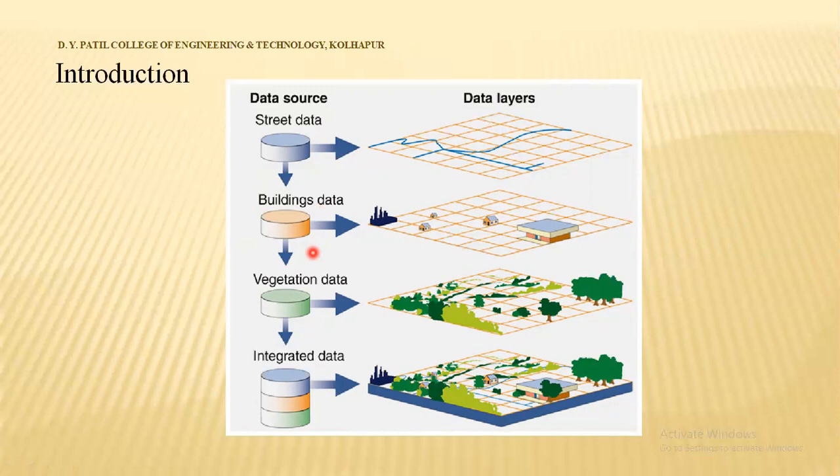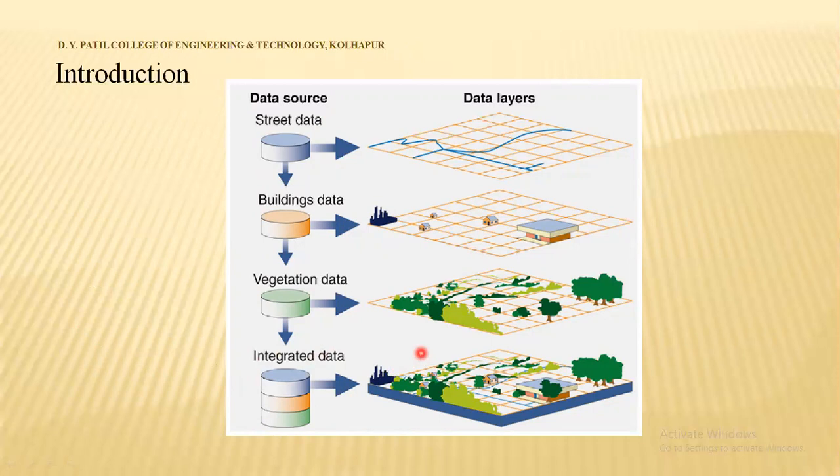These layers may include landforms, soil types, vegetation cover, geomorphic features, groundwater, etc. You can see in the image, the first layer is street data, the second is building data, the third is vegetation data. All these three are included in this fourth layer, which is integrated data.